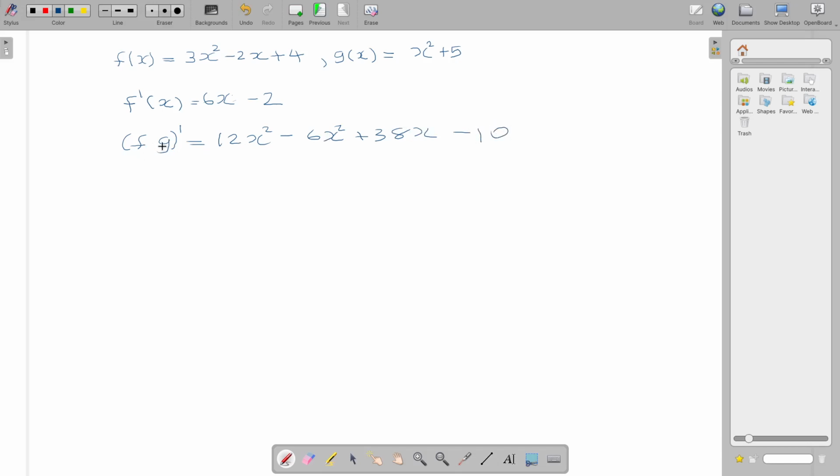Okay, differentiating using the product rule, you will get this result.